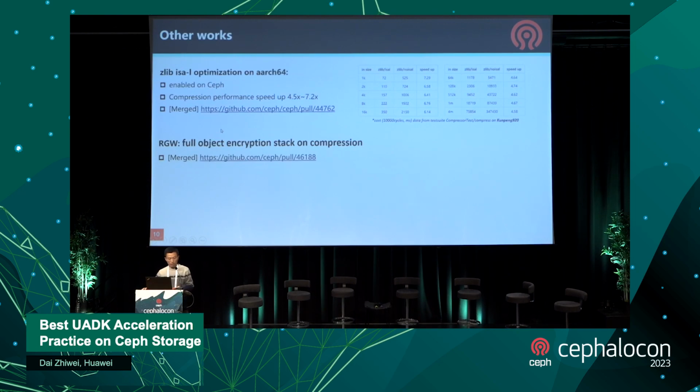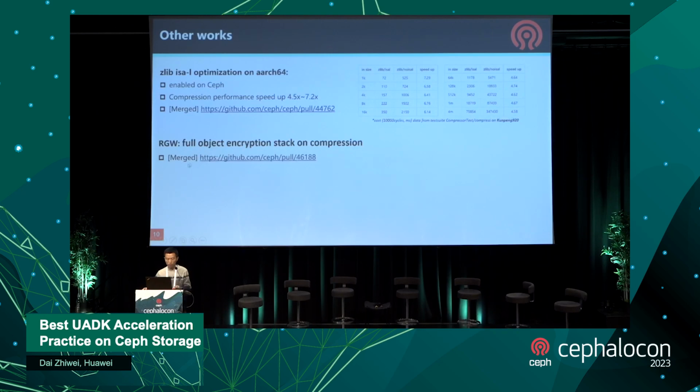Okay, there is some other optimization work on Ceph data process. The first one is about zlib-ng optimization on the ARM platform. We have enabled it on Ceph and the compression performance sped up 4 to 7 times, and the PR is merged now.